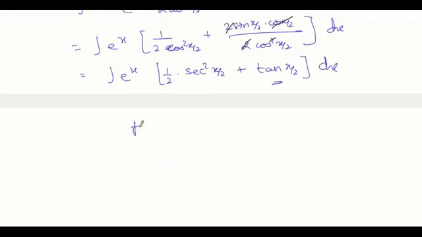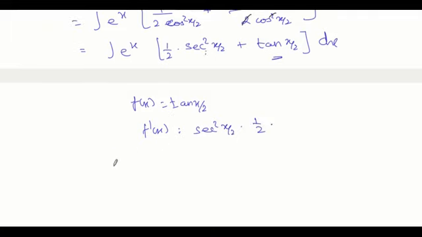So if we consider f of x as tan x by 2, we just find out, children, f dash of x. Tan of something gives secant square of something, but the something has to be differentiated, giving 1 by 2. See, there it is here. Suppose we can rewrite this as the integral e power x into f dash of x plus f of x form.